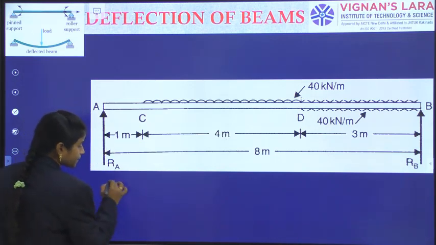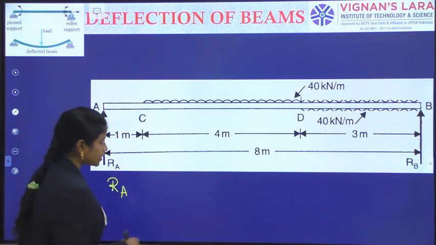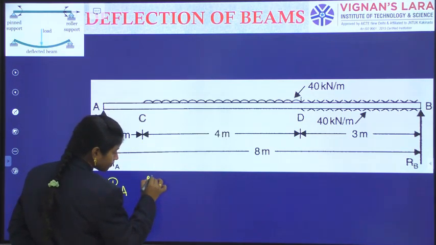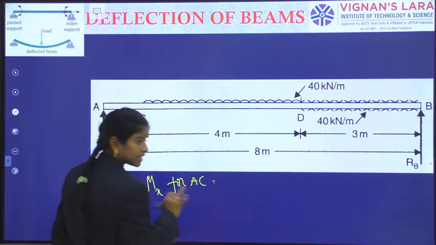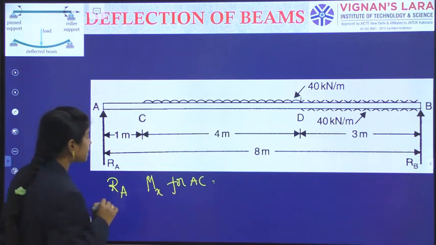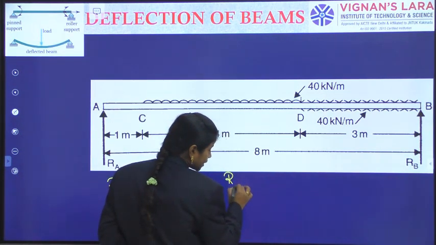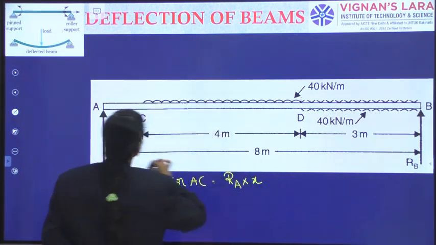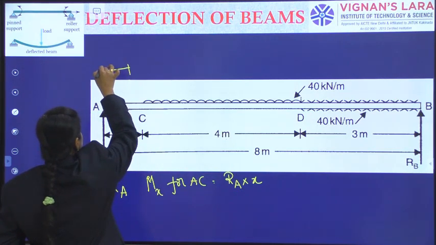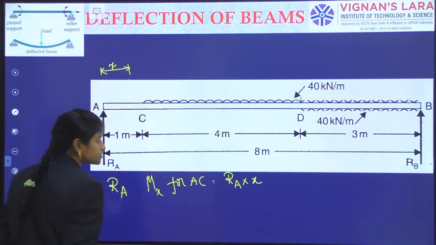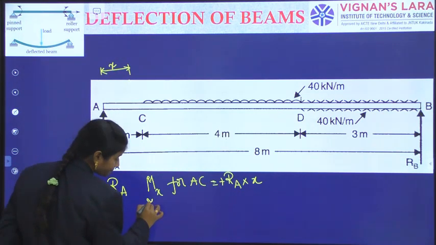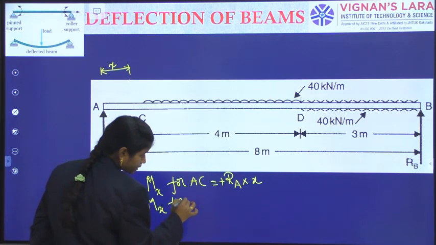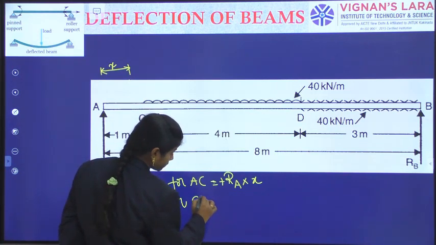Because here we are getting the RA value, and then we are observing the MX equation for AC. Simply observe this term: MX for AC is equal to plus RA into X, because up to this section line I have considered the X. Next, MX for CD.